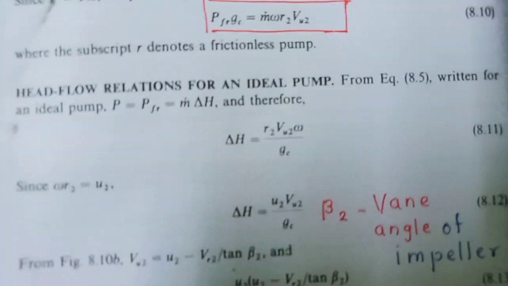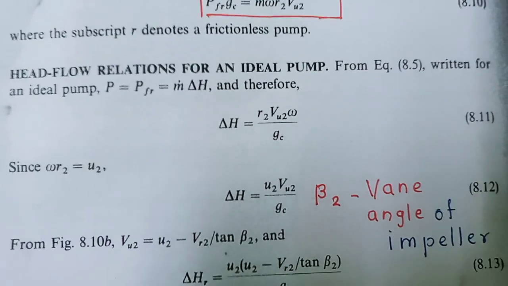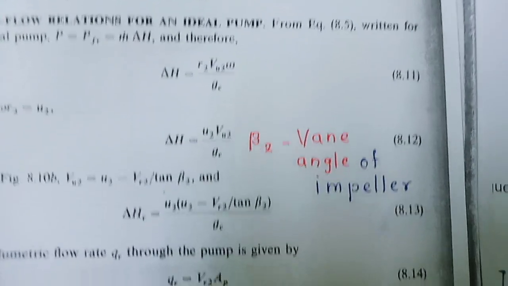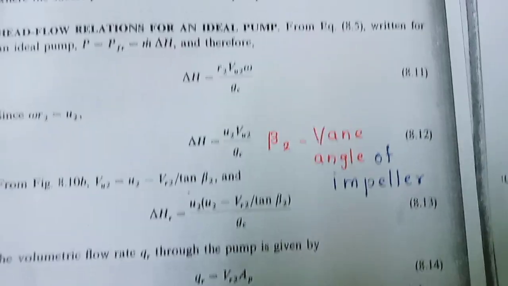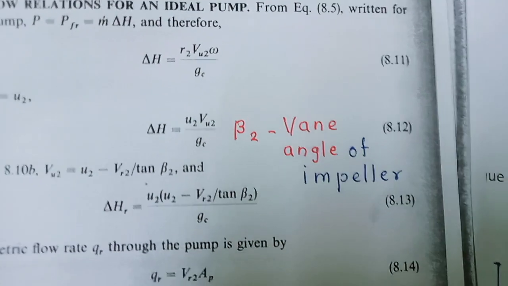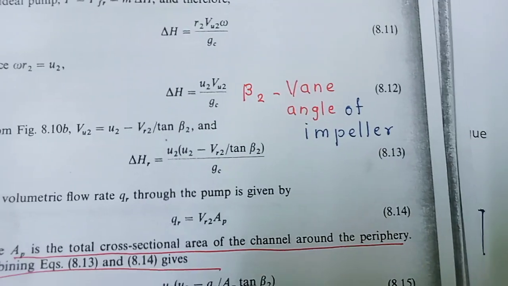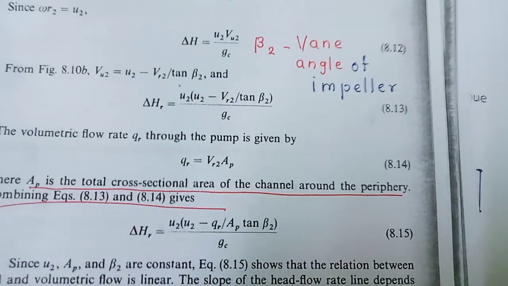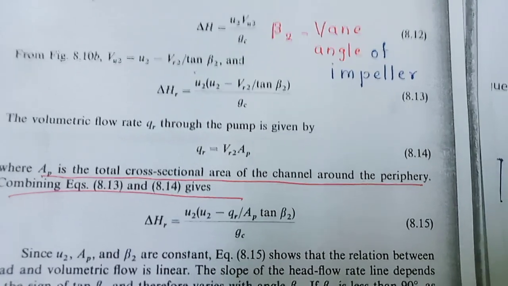Now to find out the head and flow relationship for an ideal pump, delta H is equal to R2 VU2 omega divided by G. So here what is important? The vane angle of the impeller is important. This is beta 2.